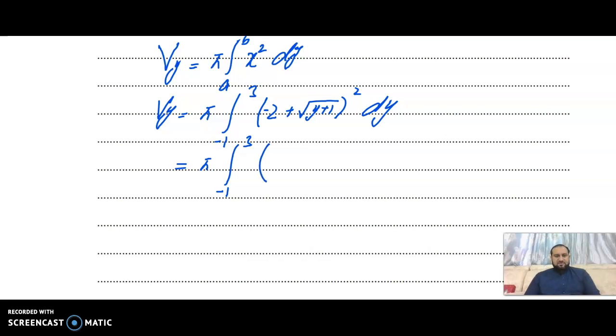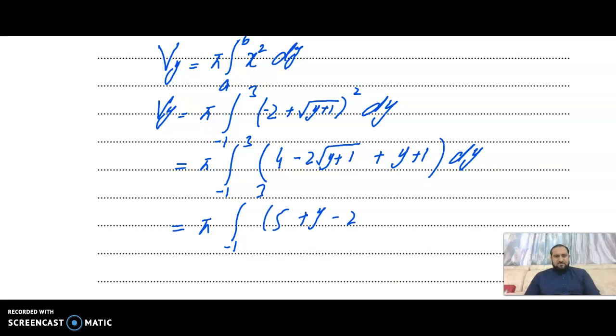So if we simplify the inside, minus 2 square is 4 minus 2 root y plus 1 and then plus y plus 1 dy. So now minus 1 to 3, so this is 5 plus y minus 2 root of y plus 1 dy.